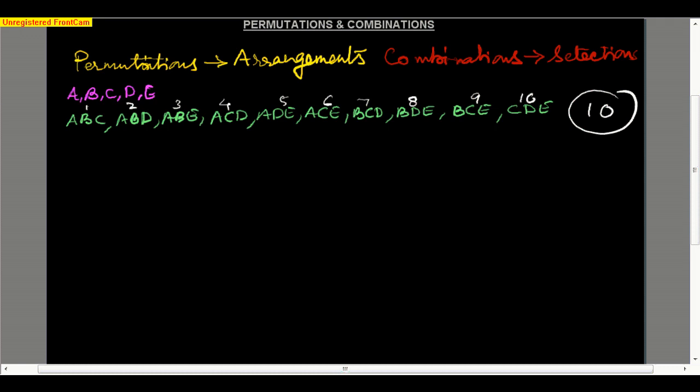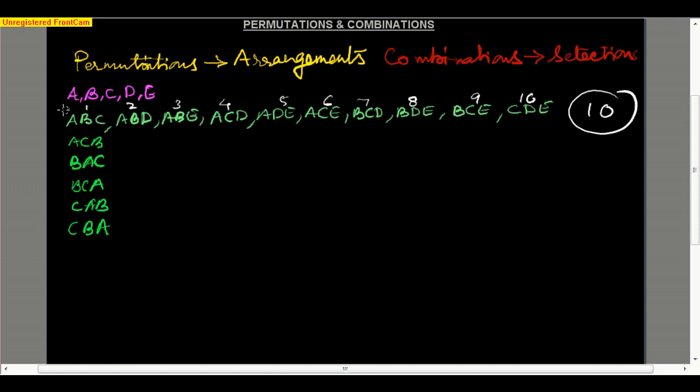Now we see the arrangement of these. We see how many arrangements there are. We see the arrangements of ABC: ABC, ACB, BAC, BCA, CAB, or CBA.